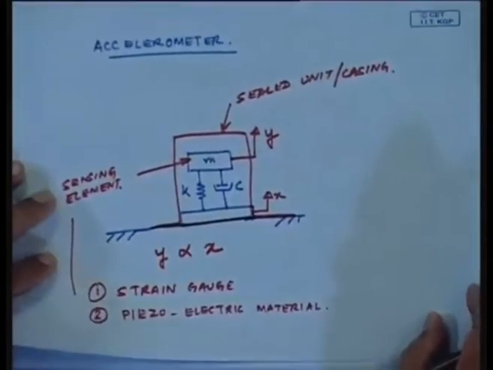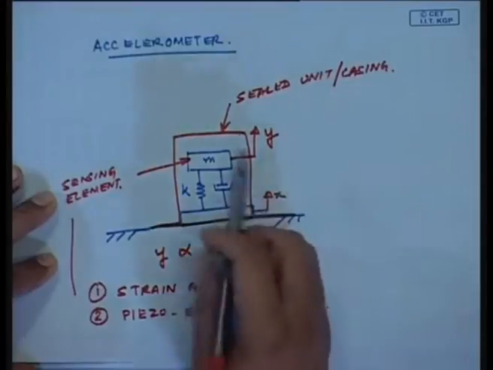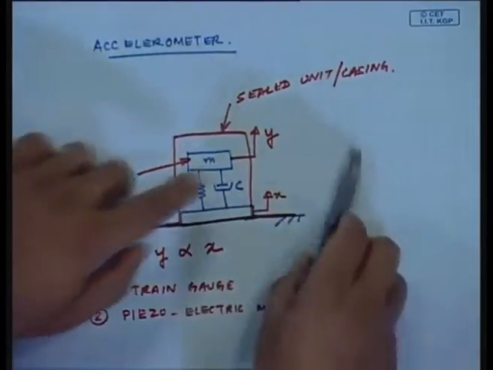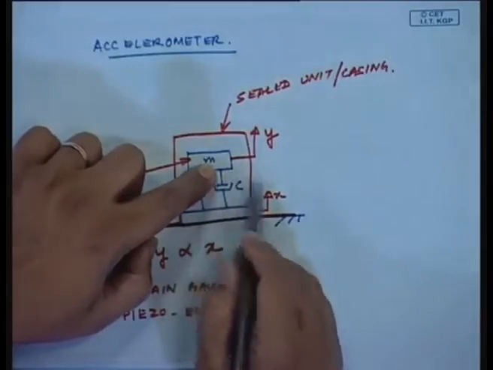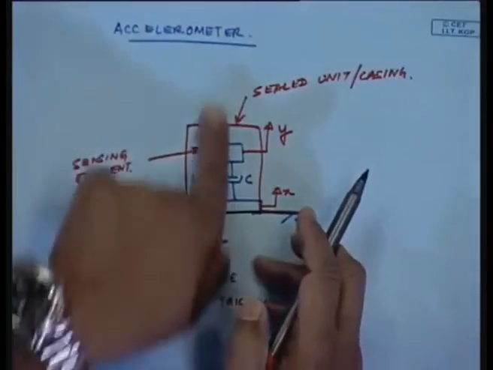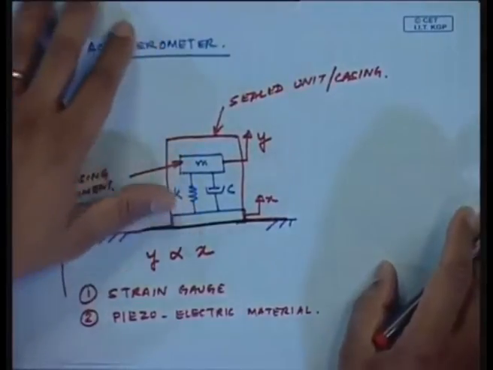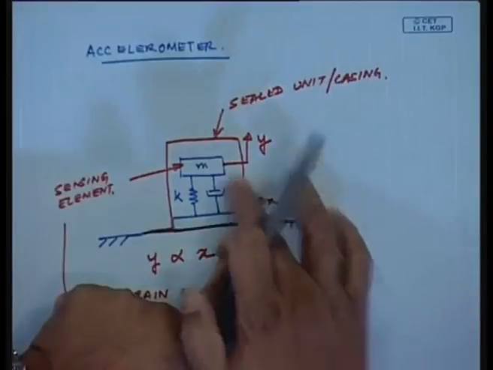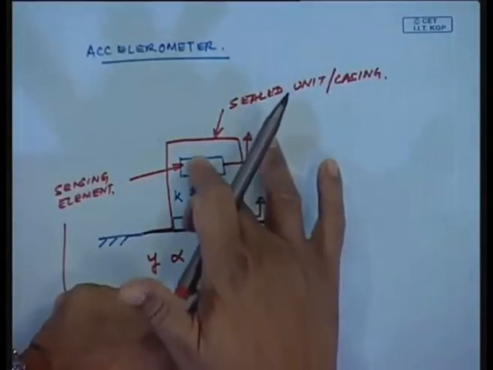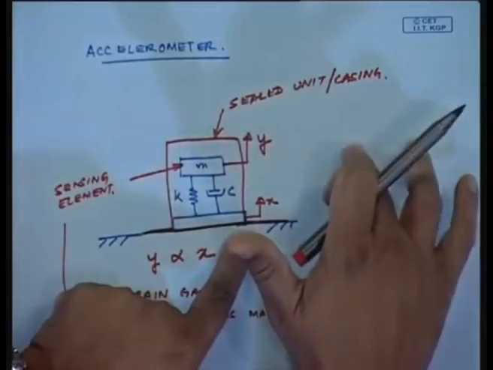So, if I go back to this mass here, if I put a piezoelectric crystal next to this mass or embedded in this mass, so that it is sensitive to the motion in the x direction, then as soon as I have a motion x here, this piezoelectric crystal is going to have a motion and it is going to produce a charge.